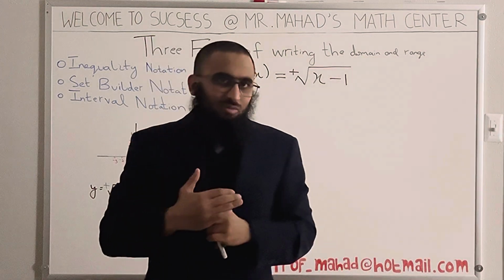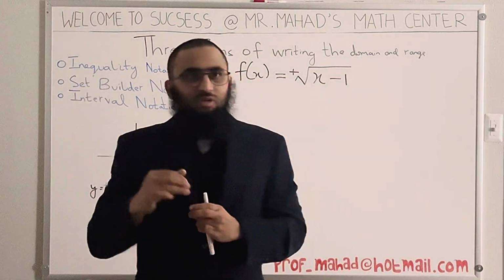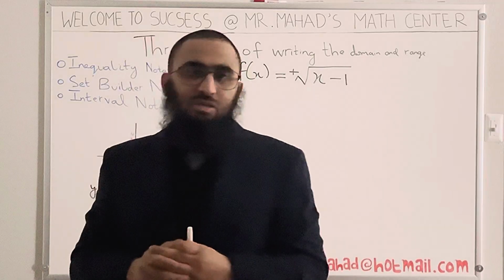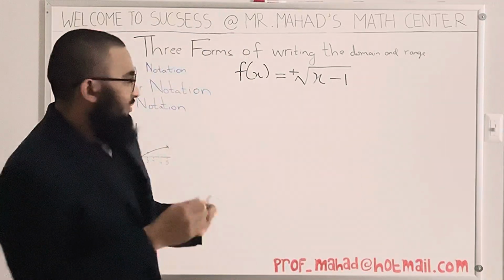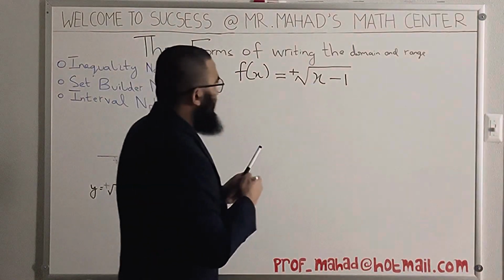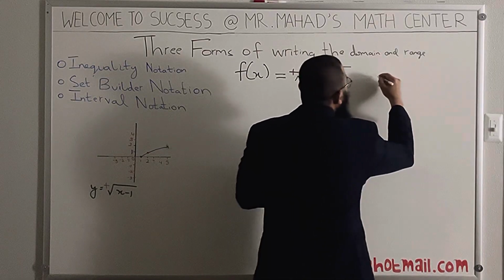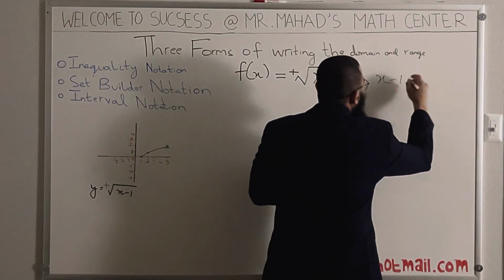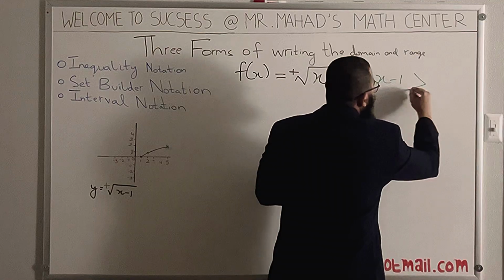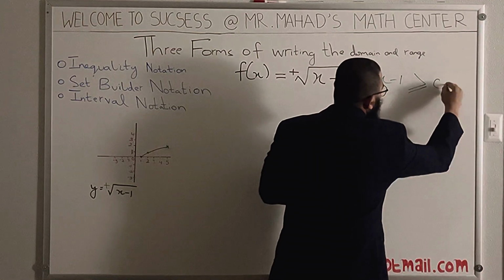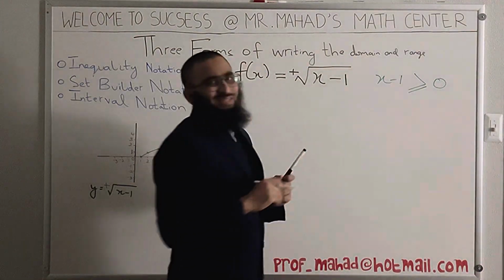It can be 0 and above to give us outputs. So in other words, x minus 1 should be greater than or equal to 0. It cannot be less than 0.